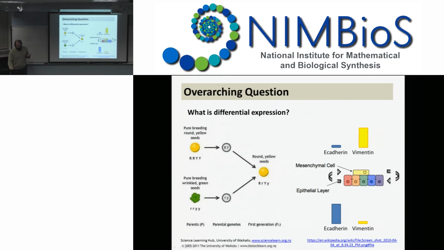And if you need any further proof, you can actually interconvert between these two cell types, and the expression of E-cadherin will go up if you go to an epithelial cell and go down if you go to a mesenchymal cell. It's a dynamic change that's responsible for this difference in, maybe not phenotype, but difference in character.